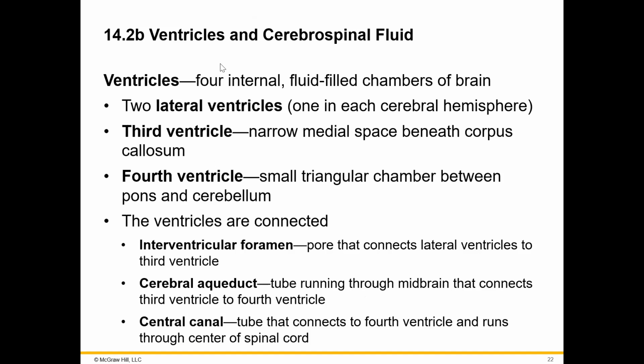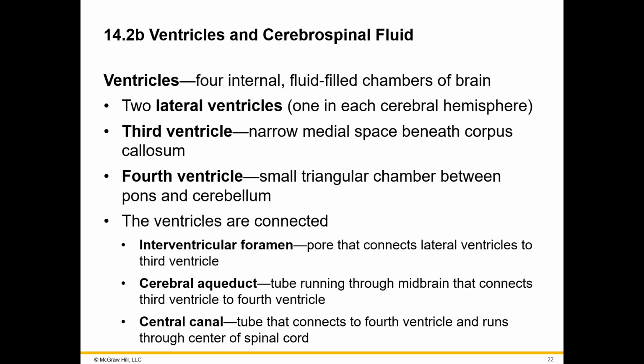The ventricles are four internal fluid-filled chambers of the brain. There are two lateral ventricles, one in each cerebral hemisphere. So you have two lateral ventricles, and from the two lateral ventricles, you would have an outlet into the third ventricle.